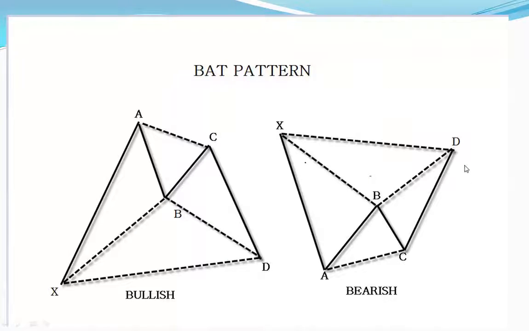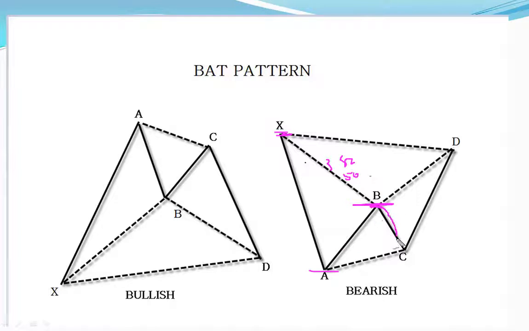Okay, the bat pattern. Now the bat pattern is similar to a Gartley pattern in that this X down to A up to B is a 382 to 50% retracement, and that should stop it right there.